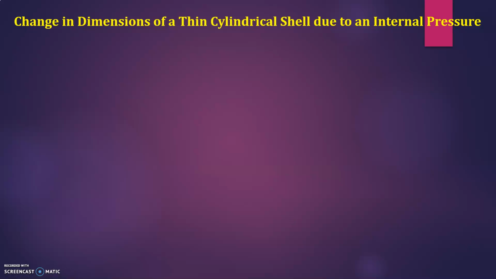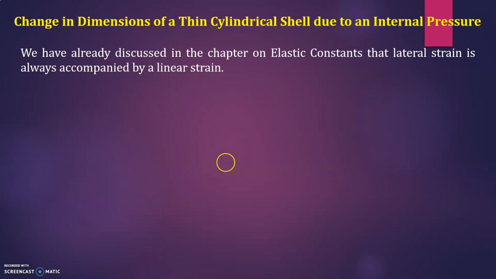Sometimes what happens, when cylindrical shells are subjected to pressure, there will be a change in the diameter, length and volume. Let us see how it changes. Next is the change in dimensions of a thin cylindrical shell due to an internal pressure. We have already discussed in the chapter on elastic constants that lateral strain is always accompanied by a linear strain.